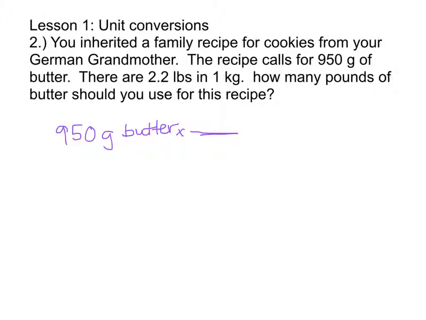So in 1 kilogram, there's 1 times 10 to the third grams, or 1,000 grams. So we're just going to put 1,000 grams in the denominator so that our grams cancel out, and 1 kilogram in the numerator. There's 1,000 grams and 1 kilogram.